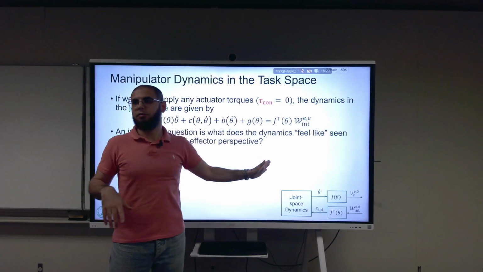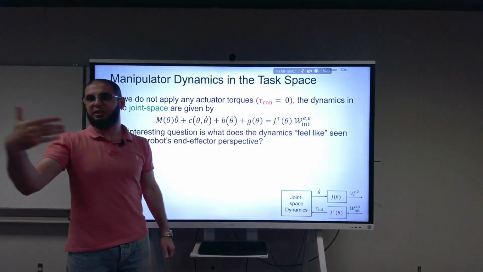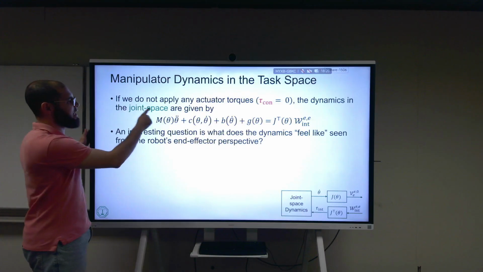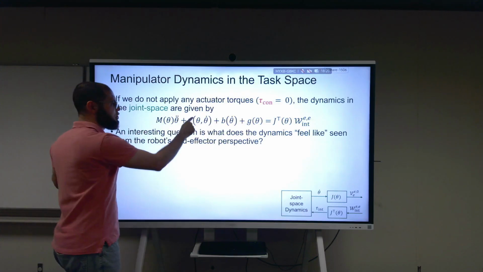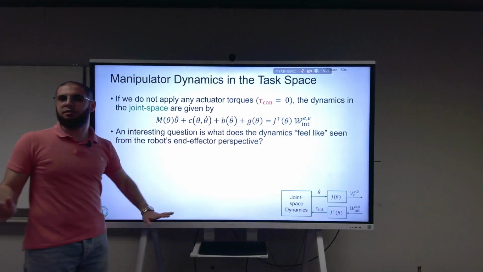So this drops out, and I'm left with a wrench equation, a wrench variable. On this side, I'm going to have J inverse transpose multiplying the remaining terms. Make sense?